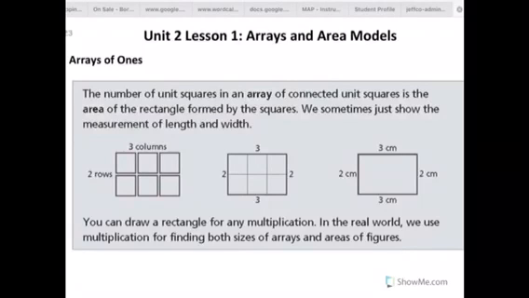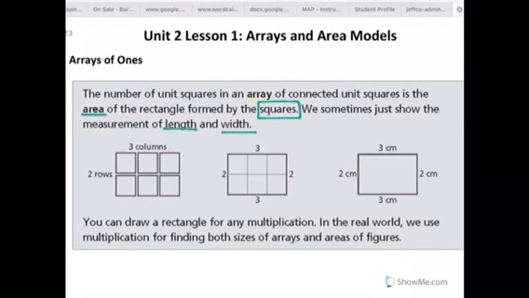The number of unit squares in an array of connected unit squares is the area of the rectangle formed by the squares. We sometimes just show the measurement of length and width.